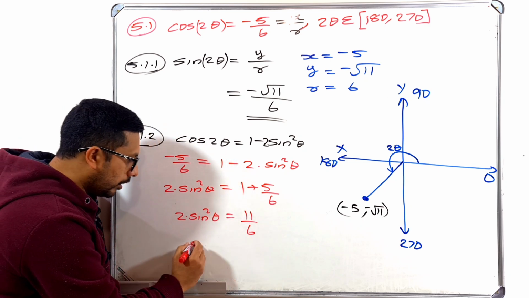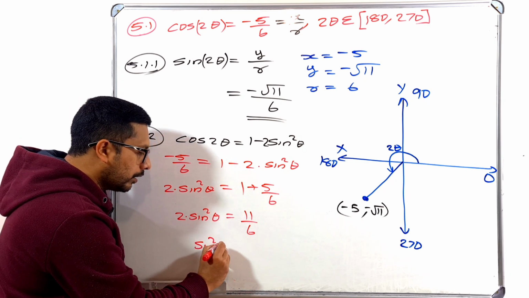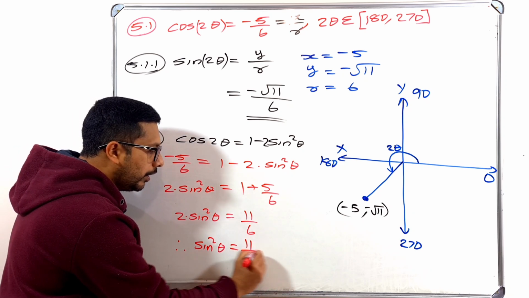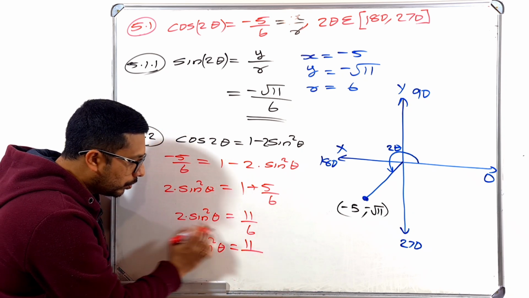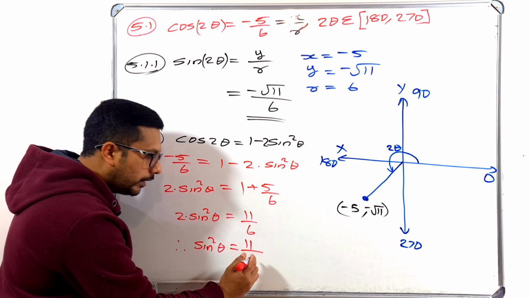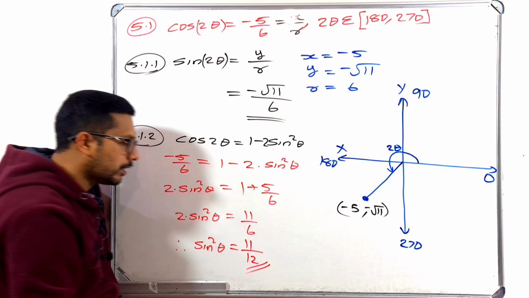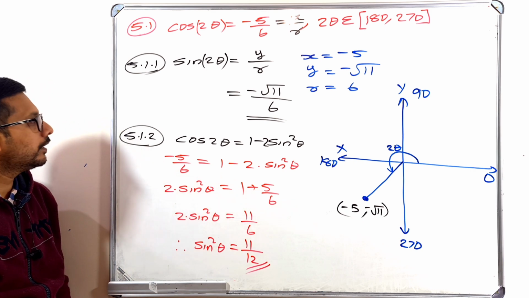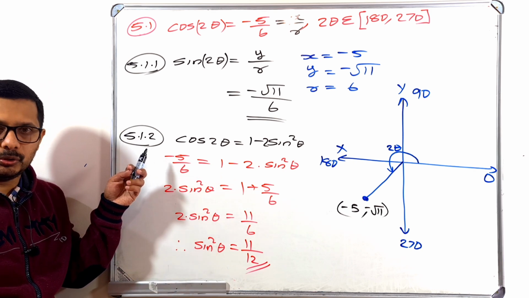So now look at sine square theta. Therefore sine square theta is equal to 11 divided by, this 2 will multiply with this denominator, so 2 times 6, that is 12. So what is the answer for sine square theta? 11 over 12. And that is question number 5.1.2.